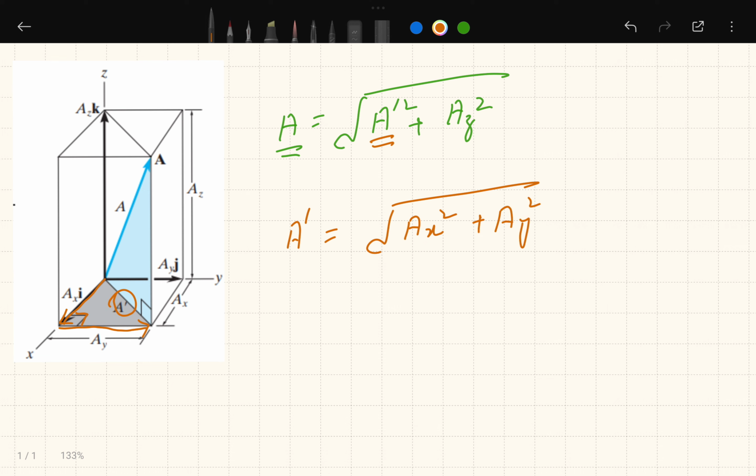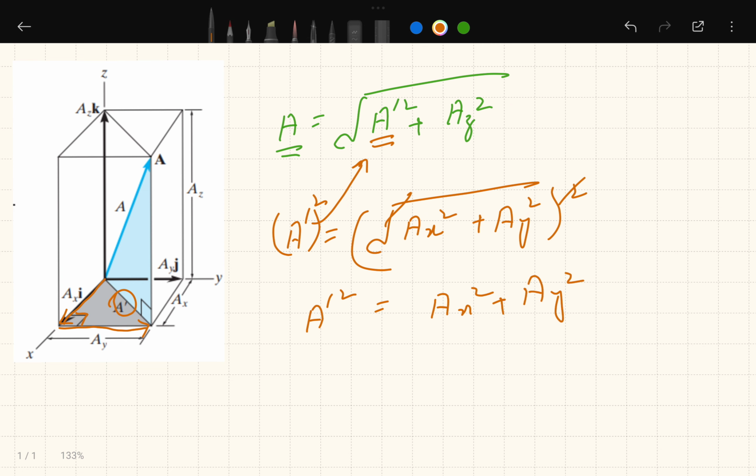And simply, if you want to insert this A prime here, you can take the square on both sides. So this square cancels out with the square root, and you are left with A prime squared equal to Ax squared plus Ay squared.